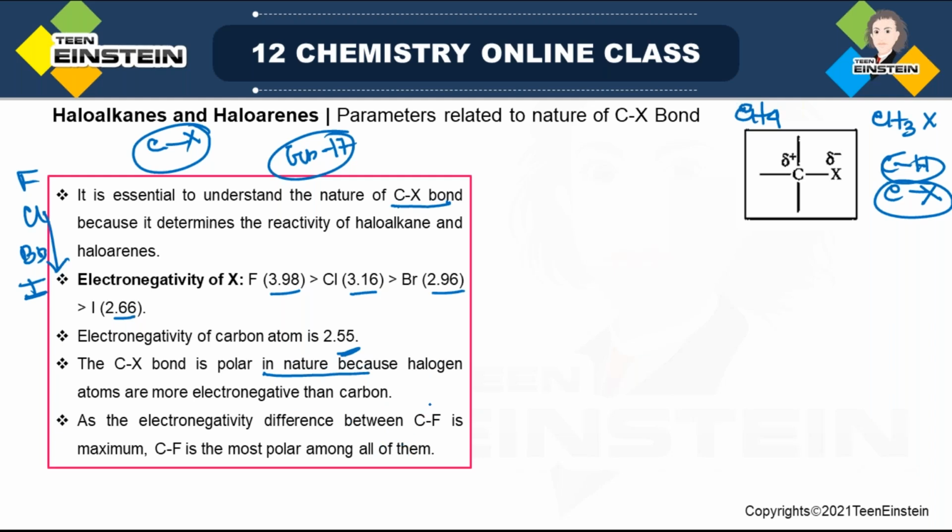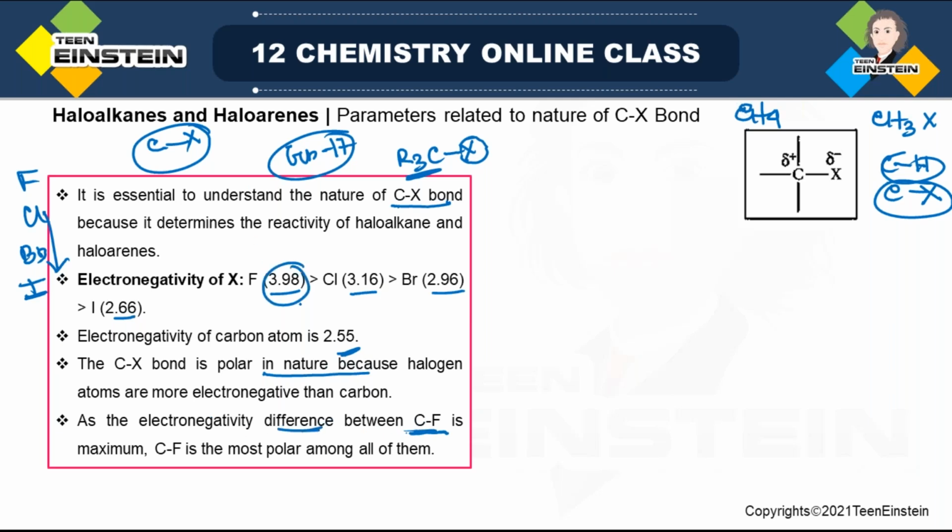Now, if you keep the alkyl part constant, suppose the molecule is R3CX. If this part is constant, you are just changing F to Cl to Br to I. Obviously, when it is a carbon-fluorine bond, then polarity will be maximum because the electronegativity difference is maximum.